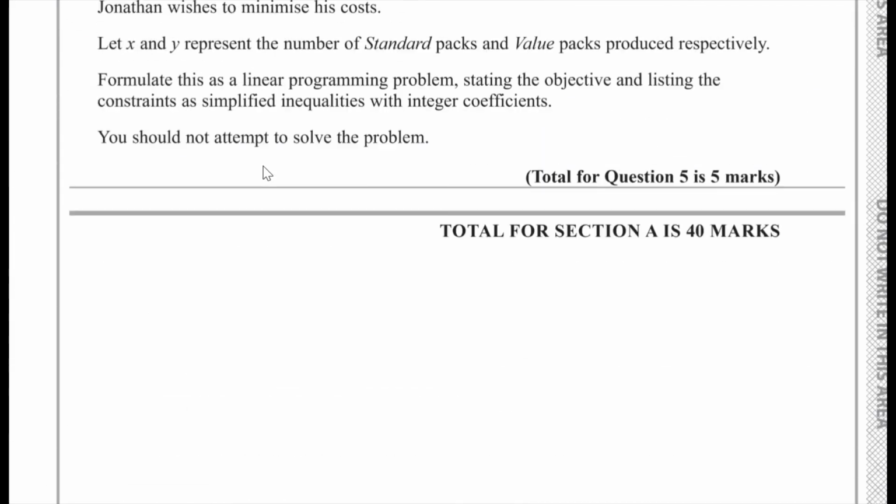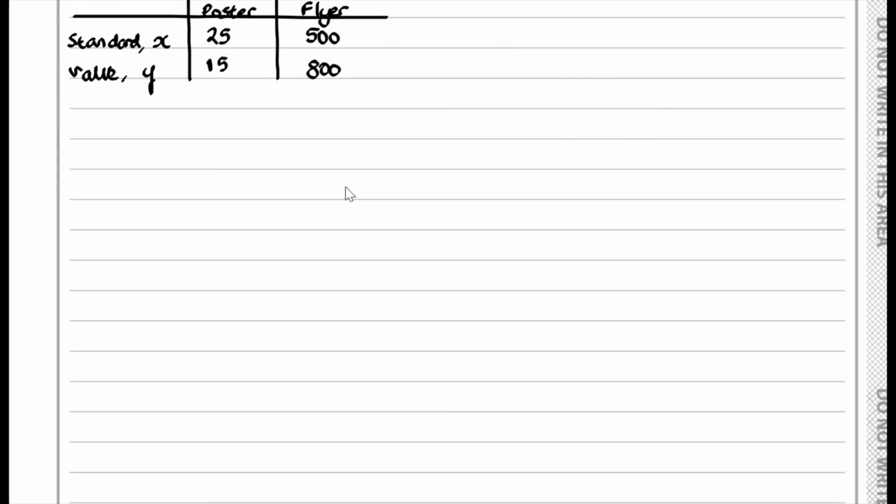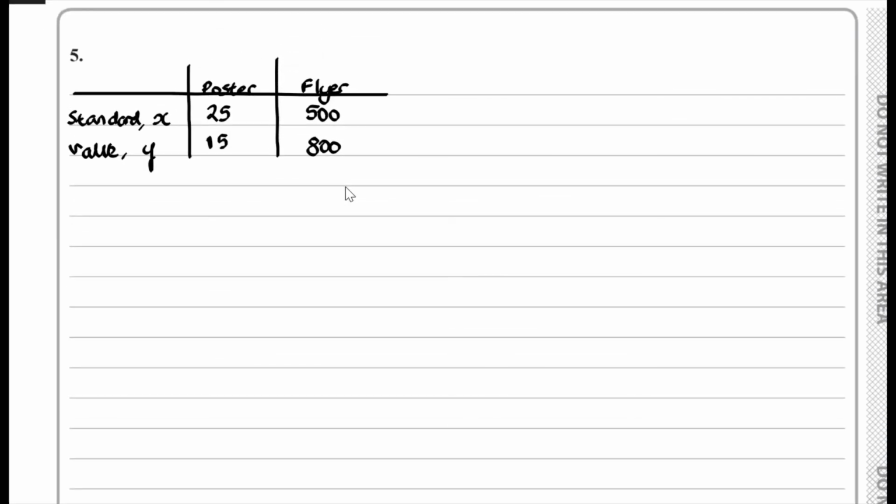Okay, now we were also told that he must use at least 150,000 flyers. So the total over here for flyer, let's also add this in. We have 150,000. Okay.